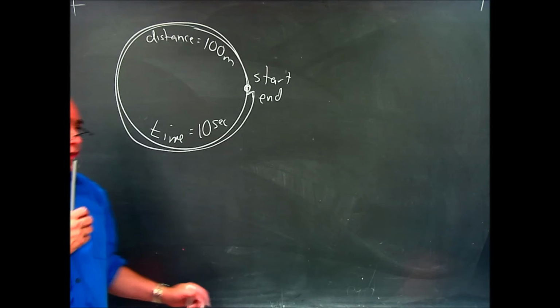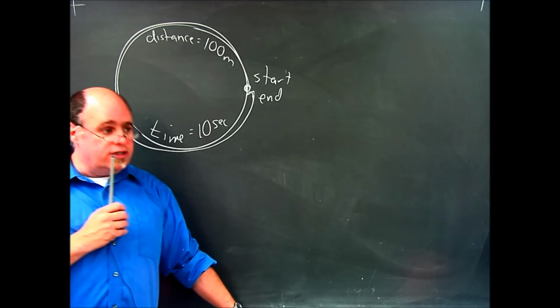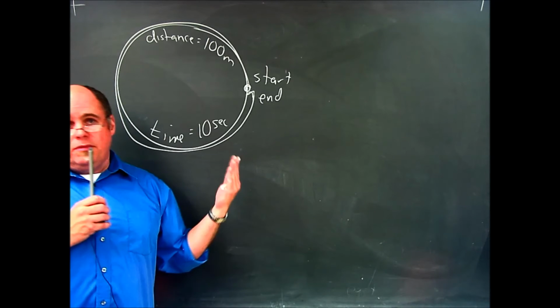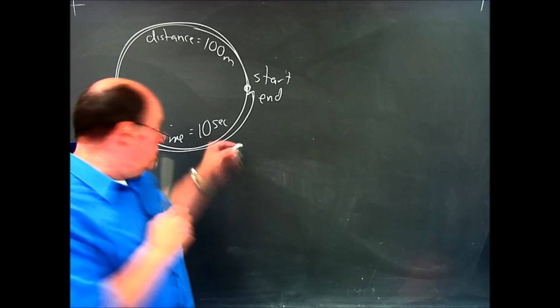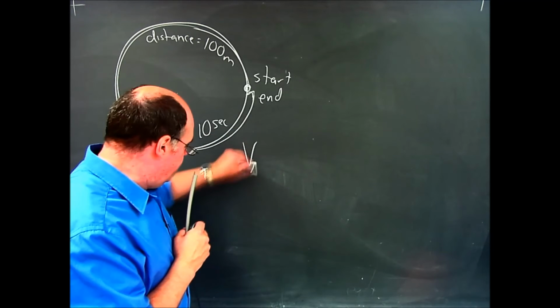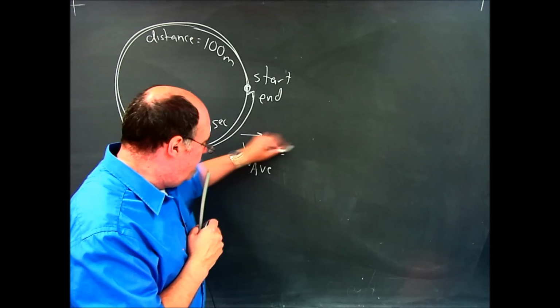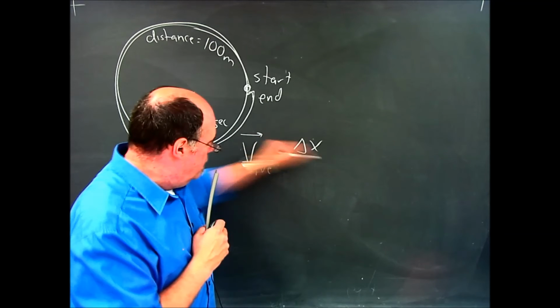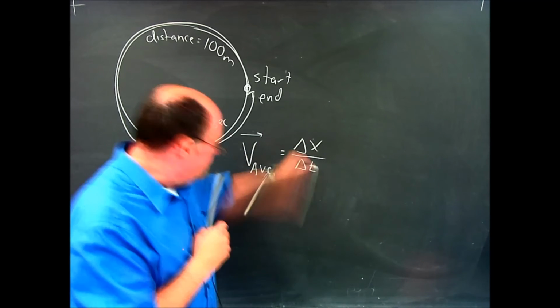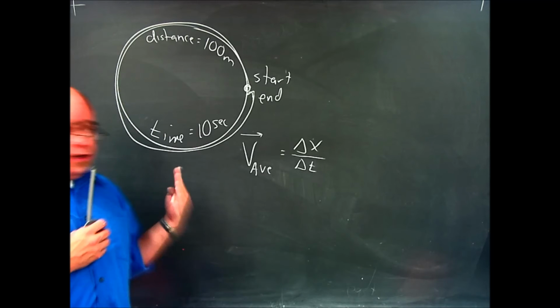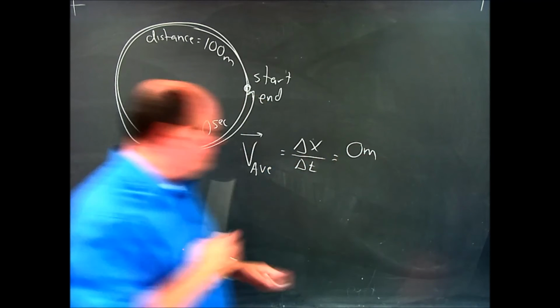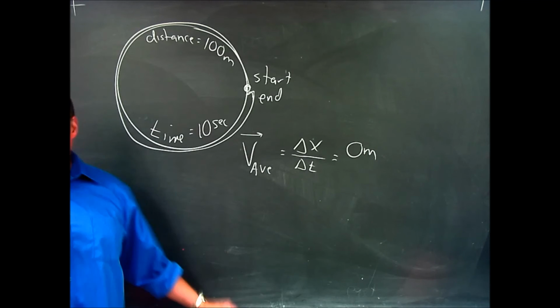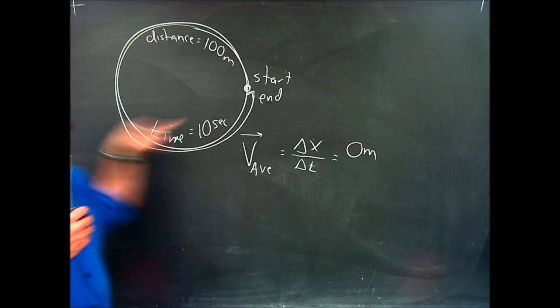And if I ask you what is their average velocity, you would have to calculate it, and that's a trick question. It's defined as delta x over delta t. And in this case, their delta x is 0 meters. And one might say, why 0 meters? Didn't they just run 100 meters?